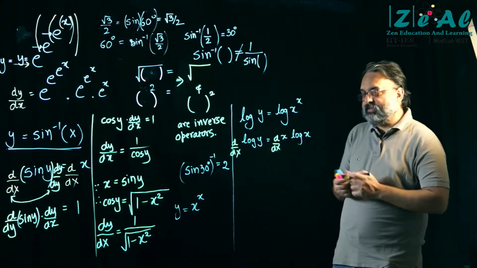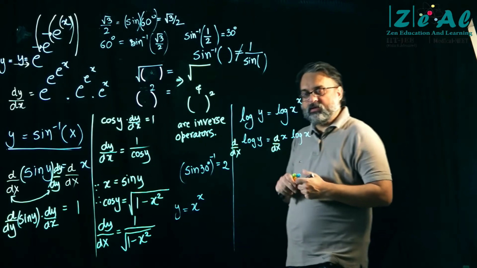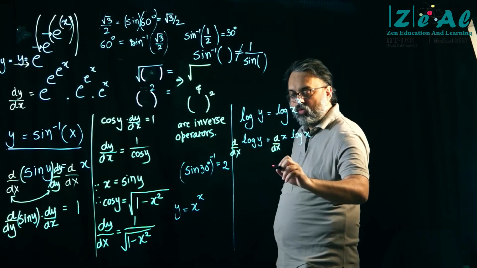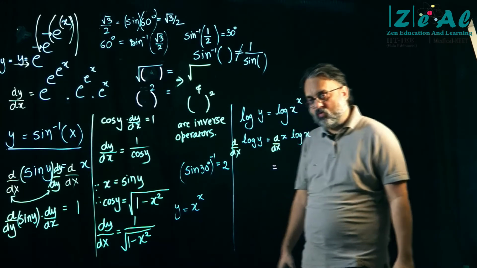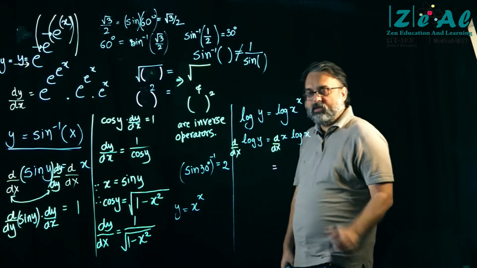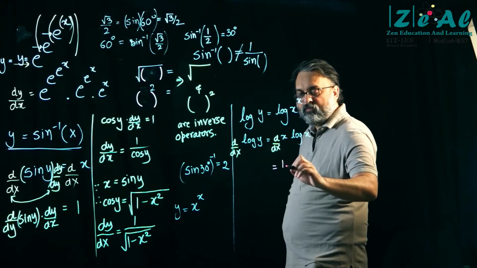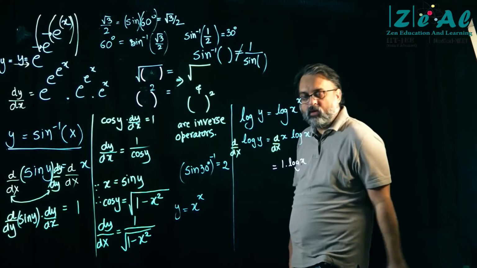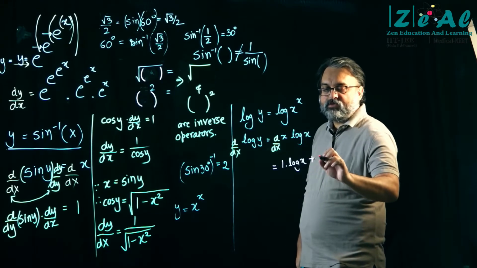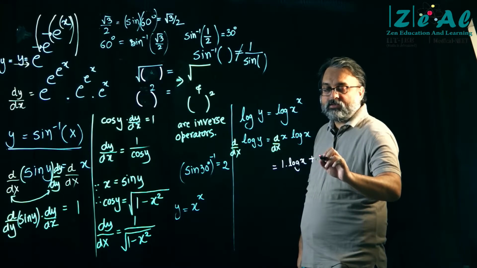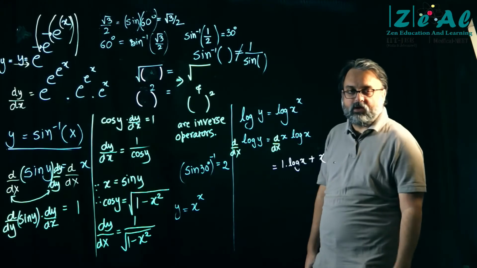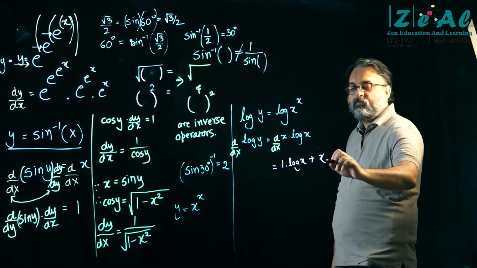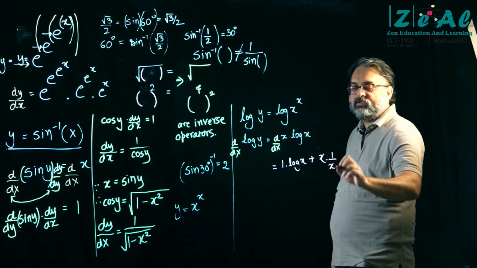Now the right hand side is easy to do. It is now just the product rule. We get differentiation of the first function multiplied by the second function, plus leave the first function alone, multiplied by the differentiation of the second function.